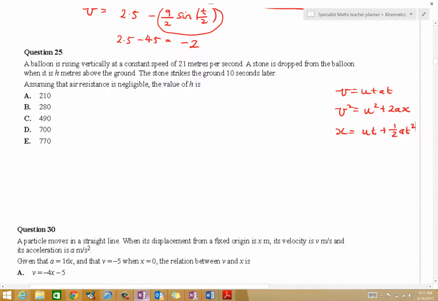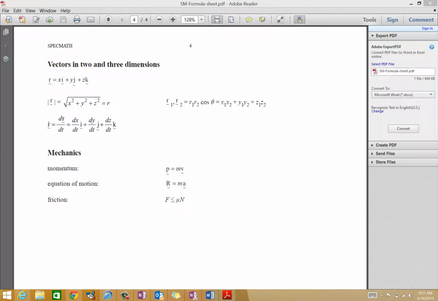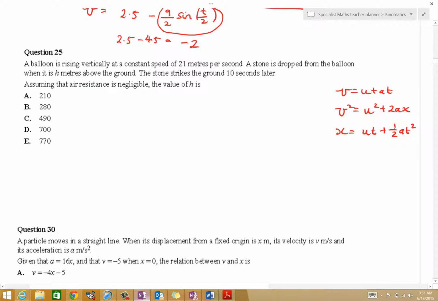Now, what I would like to say is that a balloon is rising vertically at a constant speed of 21 meters per second. Now, the thing is that I've decided that 21 meters per second is up. Okay, so 21 meters per second, up is positive.